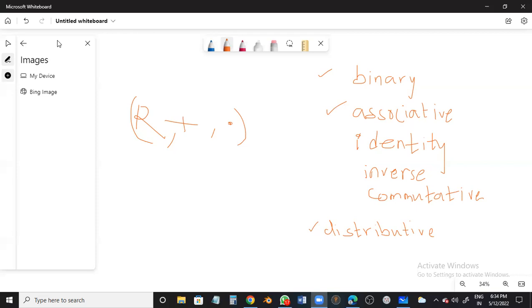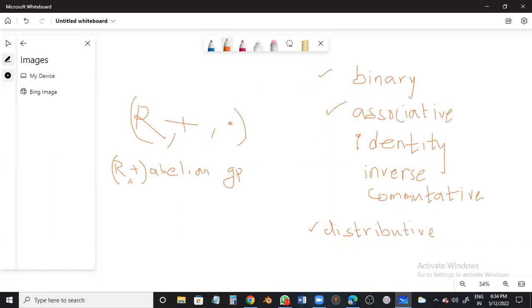See, if my set is an abelian group, basically it is a ring. What is an abelian group? 5 conditions, with commutativity. So R plus satisfies 5 conditions: binariness, associativity, existence of identity, existence of inverse, and commutativity with respect to addition.